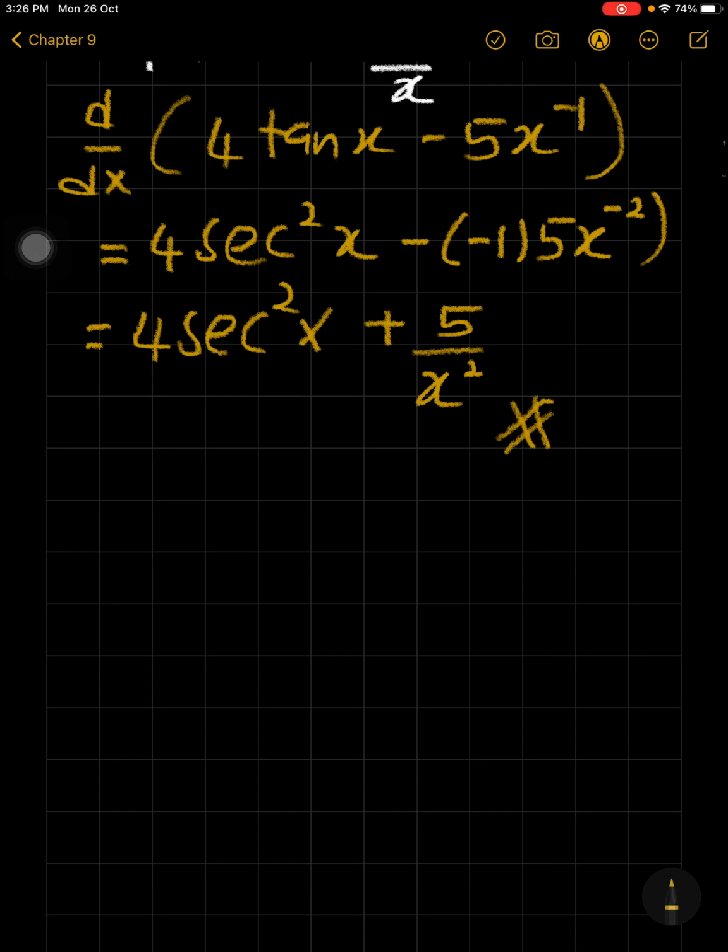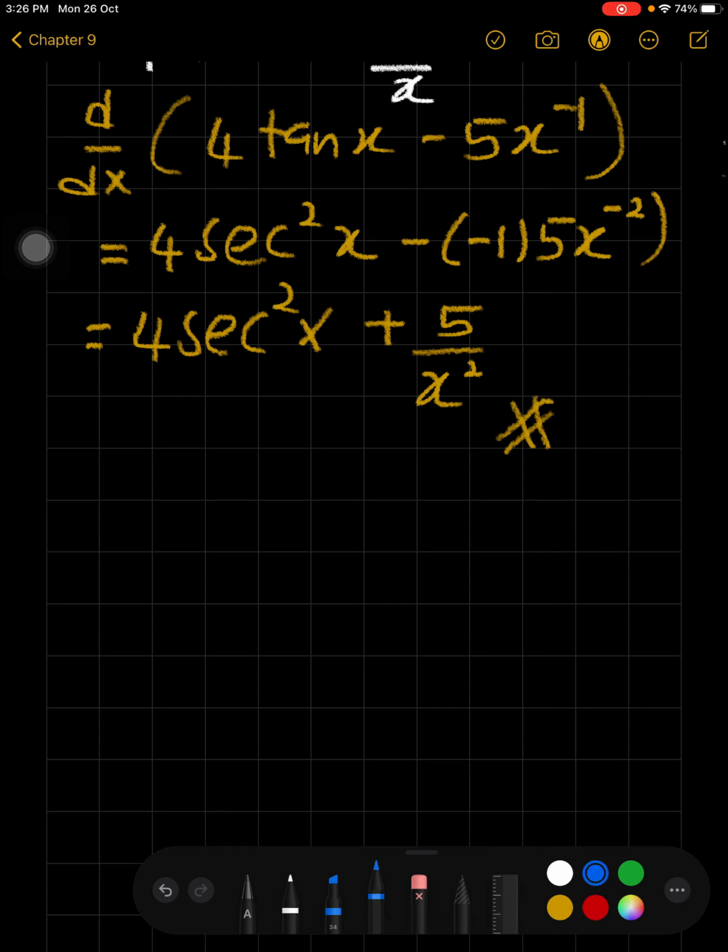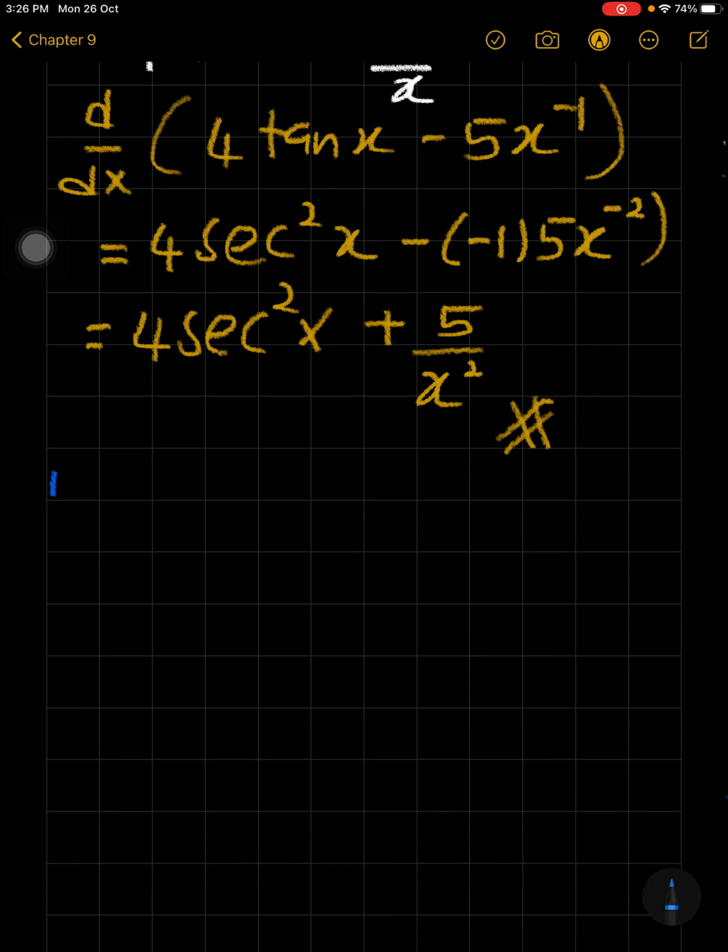Kita pergi yang derivative of a function. Okay, this is the you punya second subtopic tu.